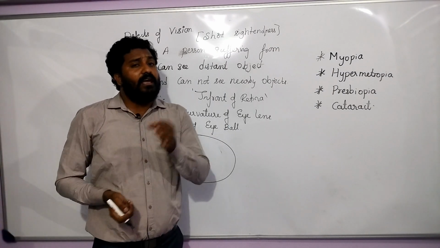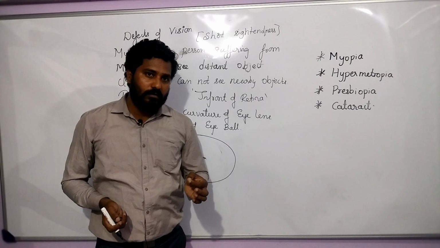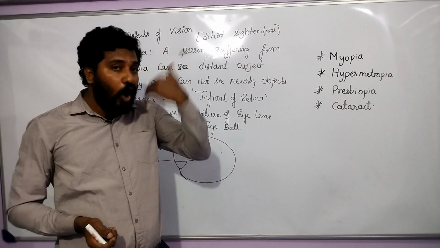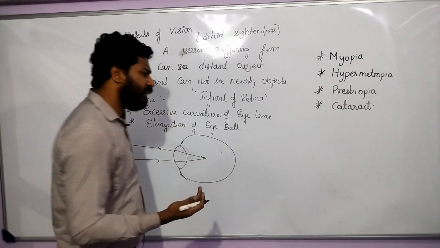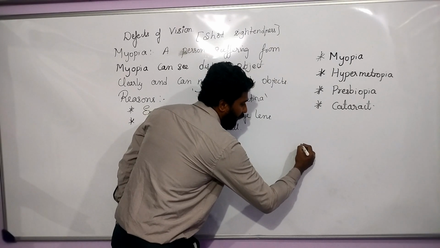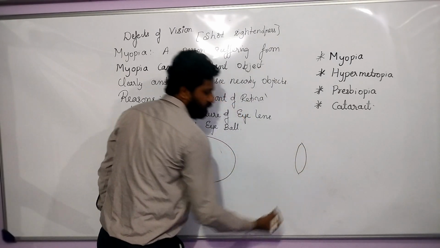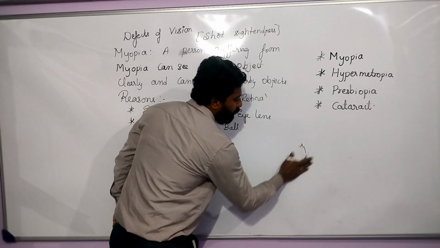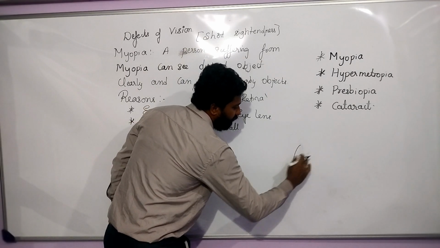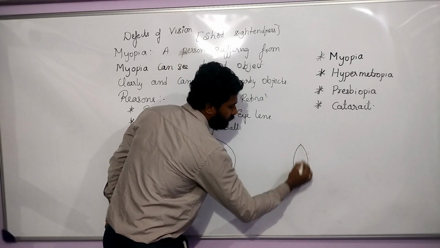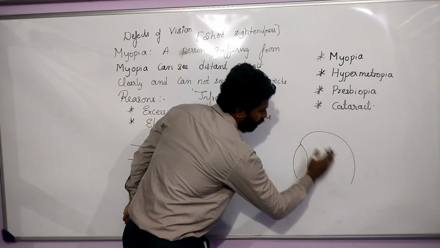The image has to fall on the retina. So to make it fall on the retina, we have to use suitable lenses. Here we will take the eye lens like this.